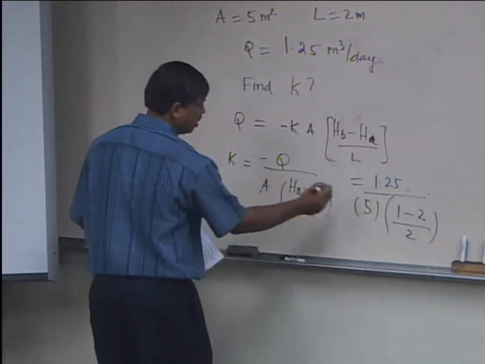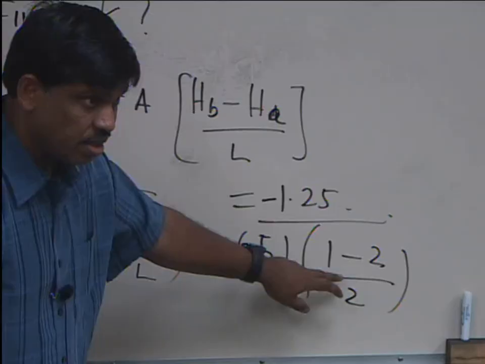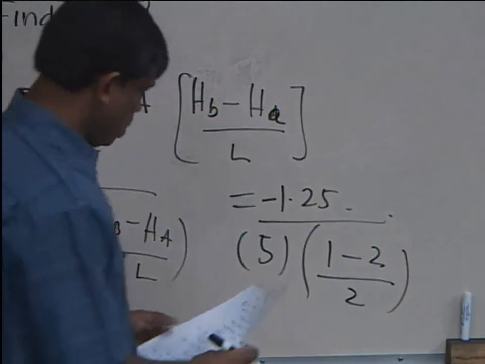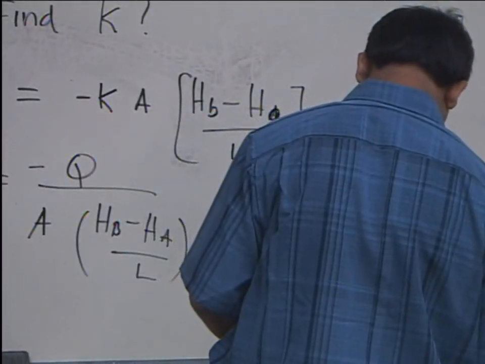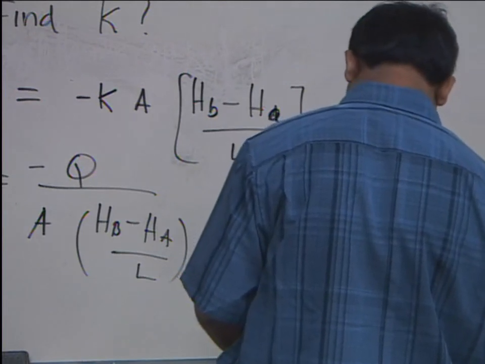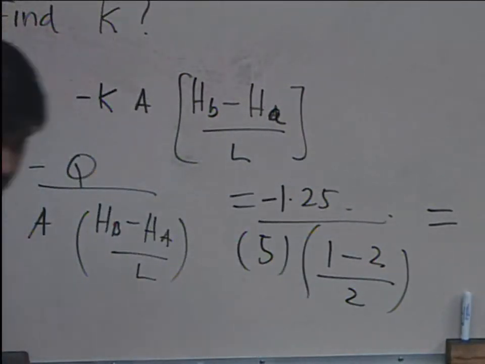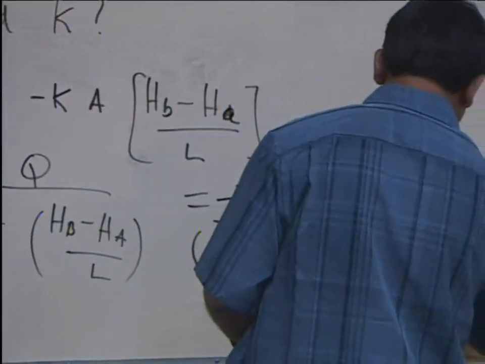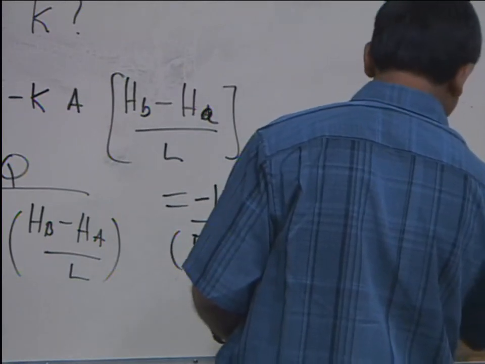And there is a negative sign, and the negative sign will cancel here. Do you see how it works out? So what's the number? Can somebody quickly calculate that for me? How much? 0.5 meter per day.